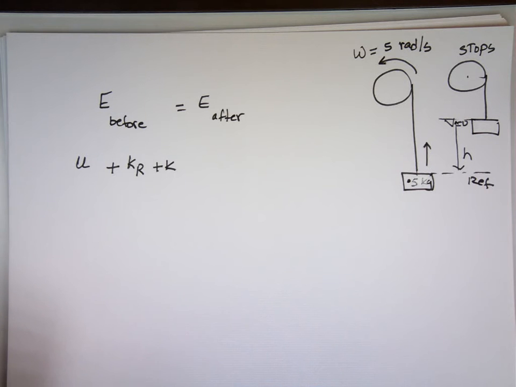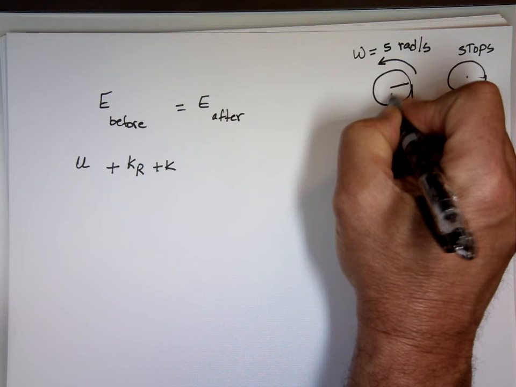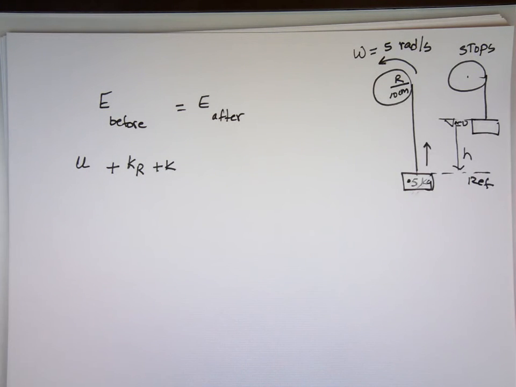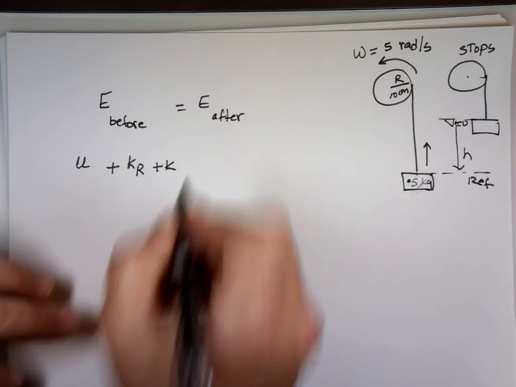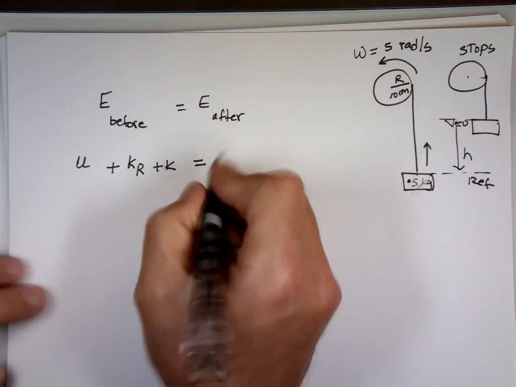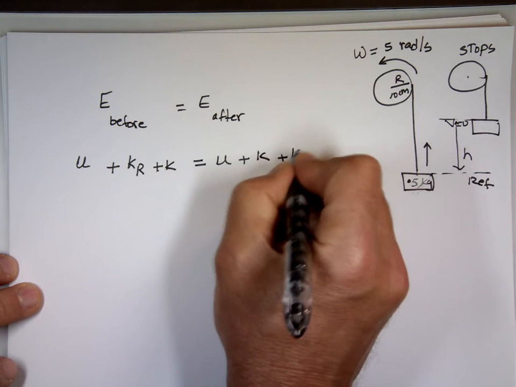What's the radius here? 10 centimeters? After that, let's look at the potential energy plus the kinetic energy plus the rotational kinetic energy.